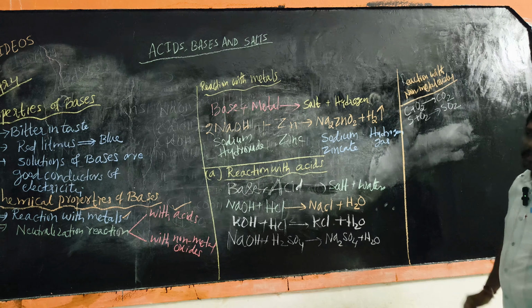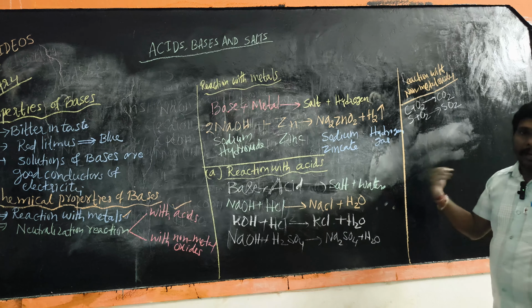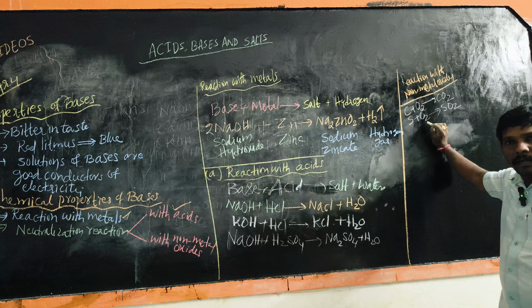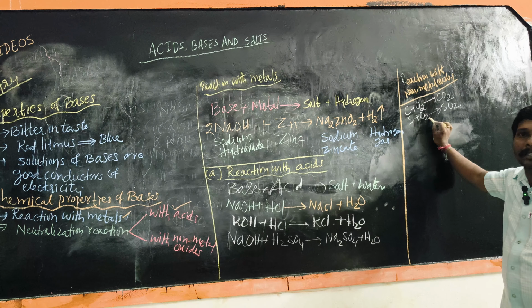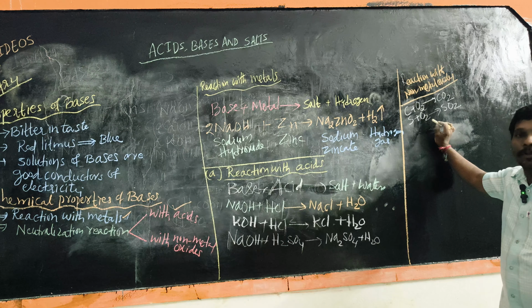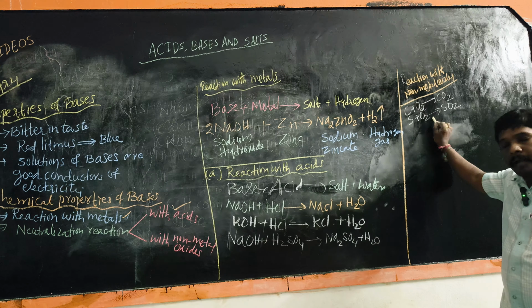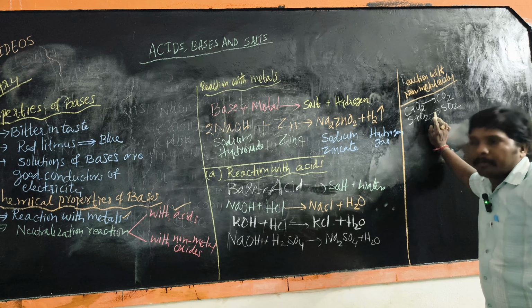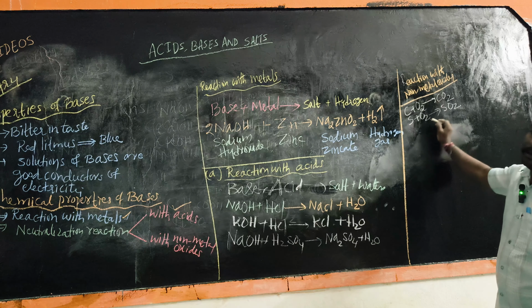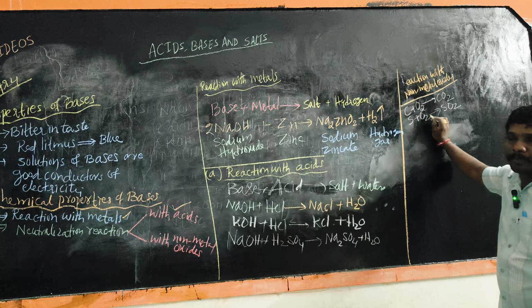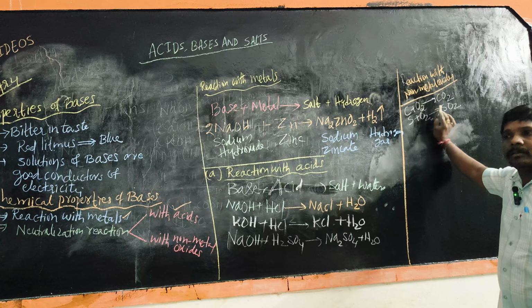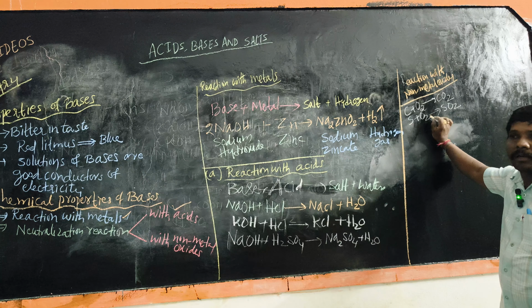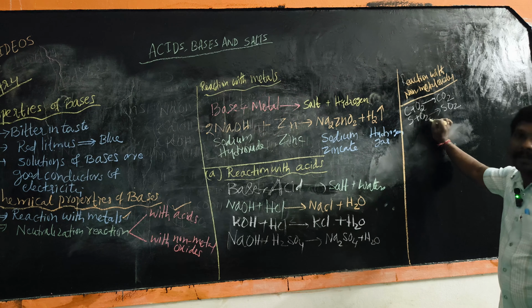Like that, nitrogen and phosphorus also combine with oxygen and form their respective oxides. So carbon, sulfur, nitrogen, phosphorus are examples of non-metals. Their respective oxides, carbon oxides, nitrogen oxides, sulfur oxides, are called non-metal oxides.